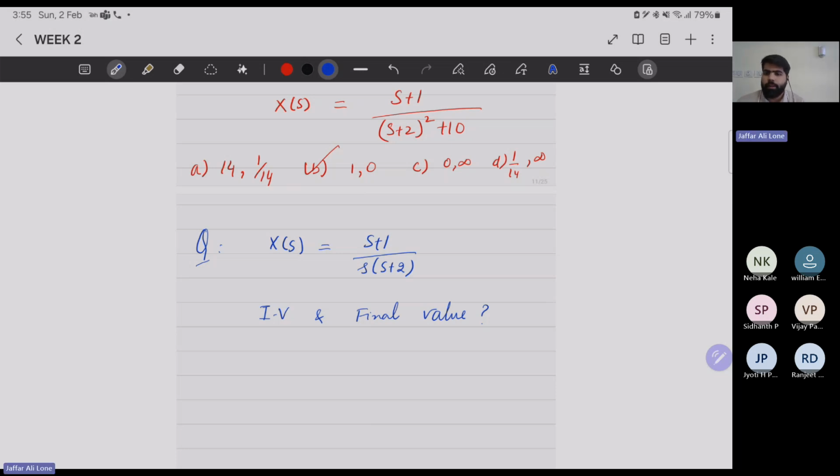If anybody has any doubt or has not understood it properly, we can do some more problems. The main outcome of these sessions is that you should be able to solve your weekly assignments. And there are a few questions on initial and final value theorems. Initial value is 1. Okay, correct. Only one person is answering.